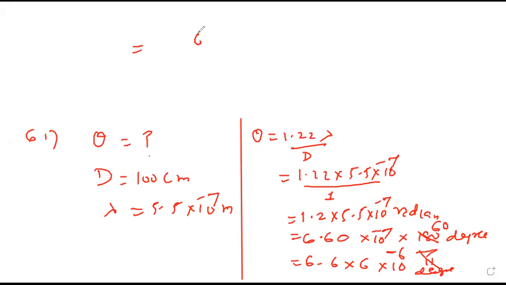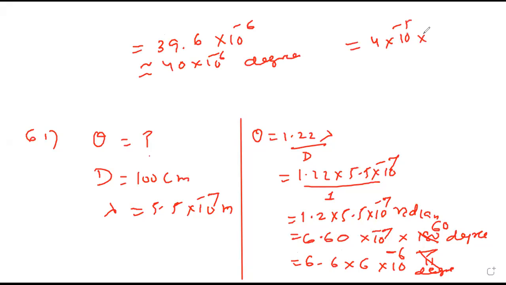That is 6 into 6 is 36, and 3 is 39, into 10 raised to minus 6. Approximately we can write 40 later, equals 40 into 10 raised to minus 6 in degree. That is nothing but 4 into 10 raised to minus 5 into, 1 degree is 60 minutes and 1 minute is 60 seconds.